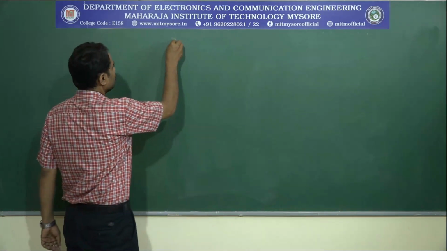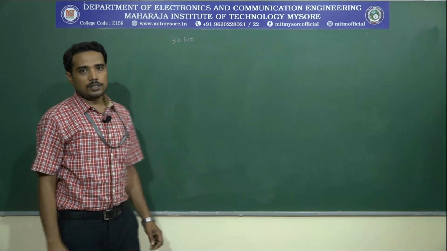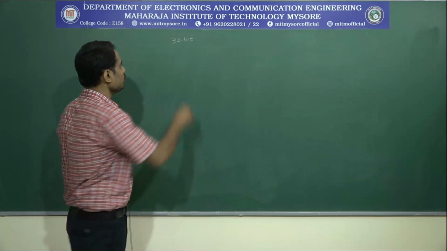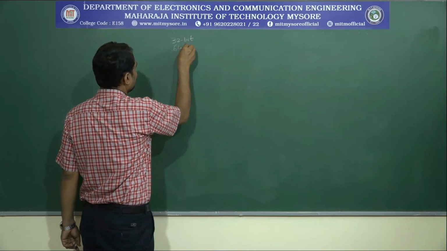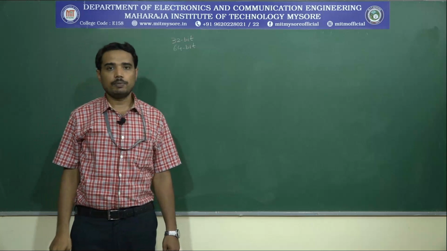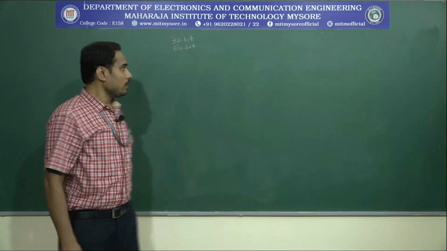In this example, we have seen the case of a single precision number, that is, with respect to 32-bit. If the precision is doubled, then the double precision value will become equal to 64-bit. Let us write the 64-bit format by considering the 32-bit.